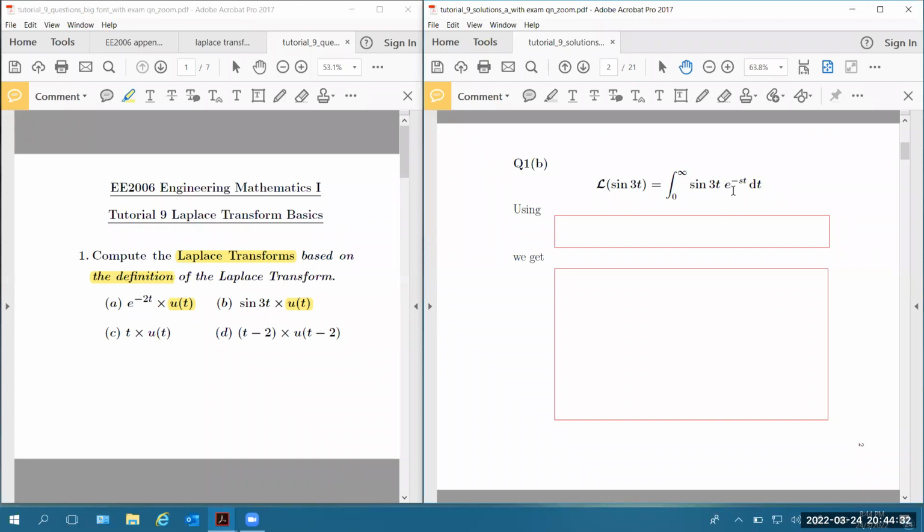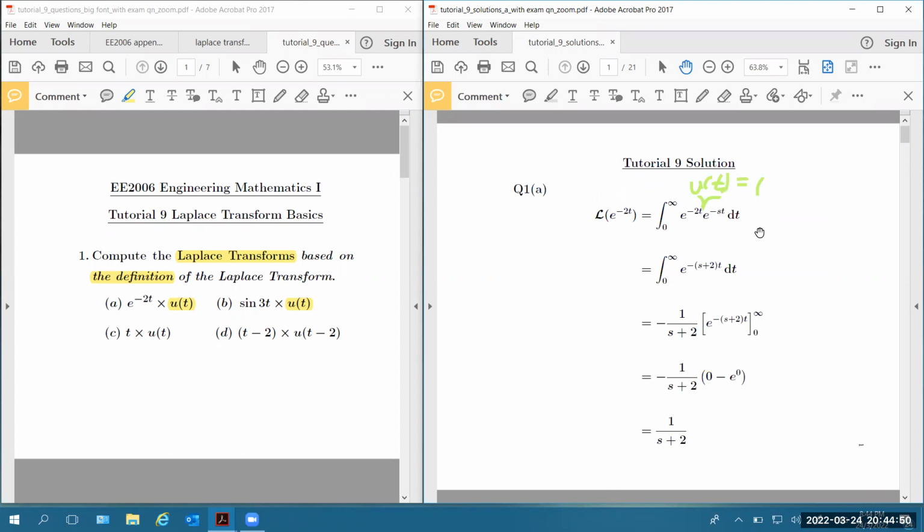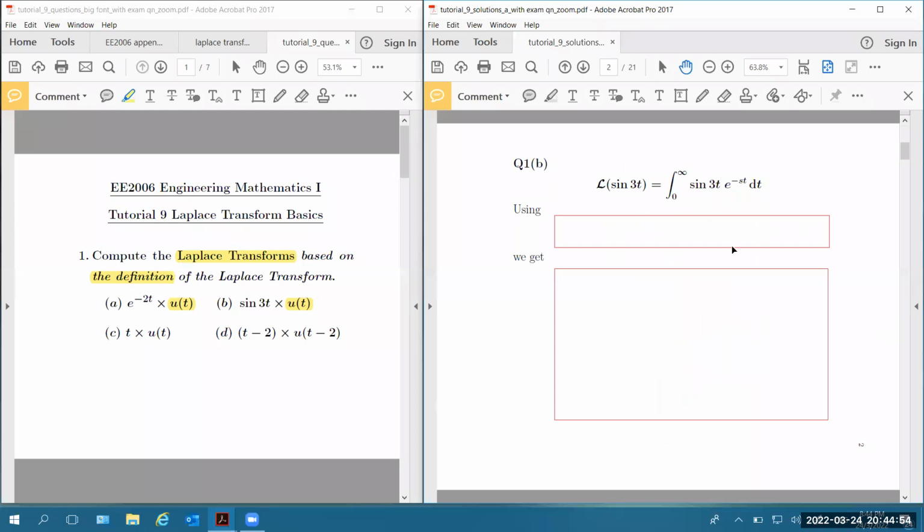Now we need to handle this integration: sine 3t times e to the power minus st. How would you do this integration? Have you all done it or not? Any idea how you do this?